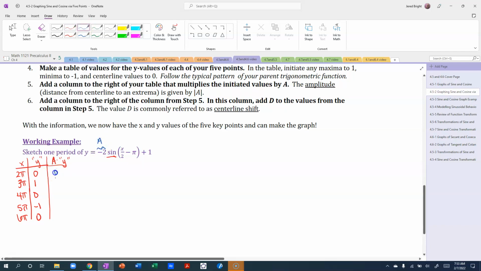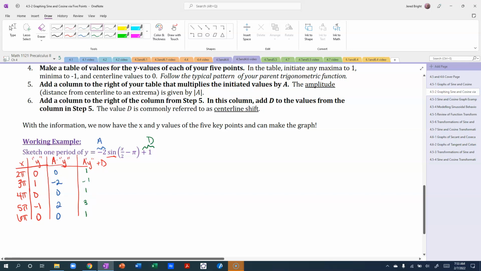Okay, so I do 0, -2, 0, +2, 0. Okay, and then in the next, I take whatever I had before, and then I add on d. And d is 1. Okay, so I do 1, and then add 1 to that, -1, 1, 3, 1.